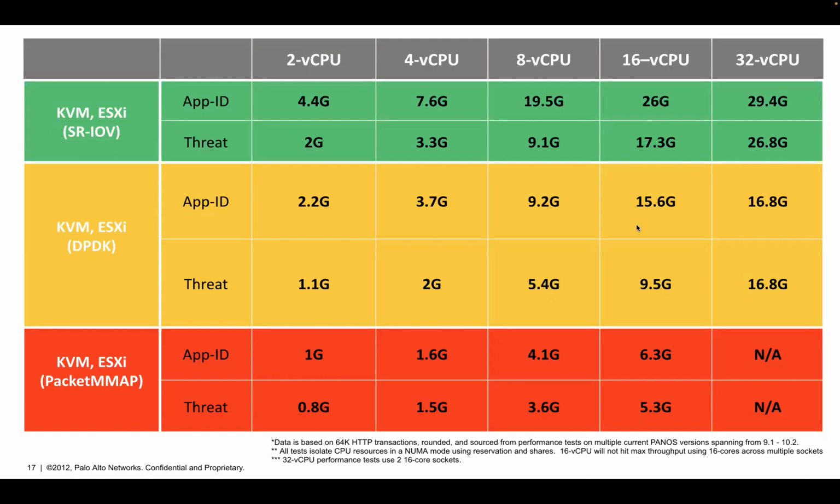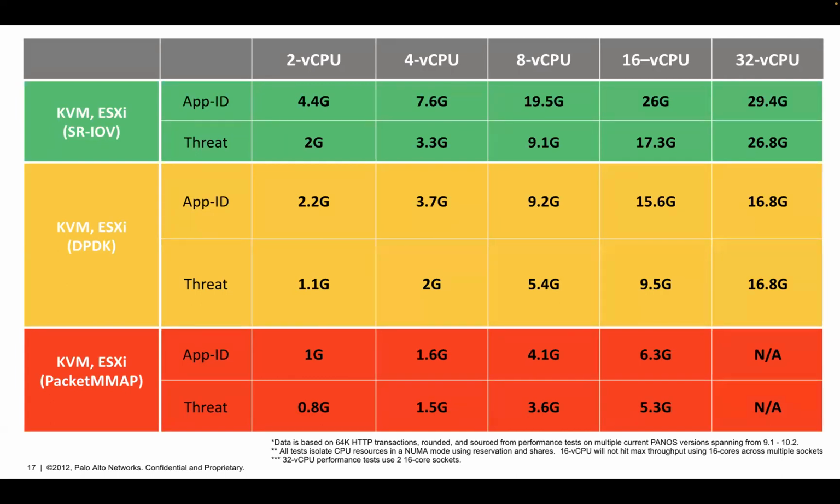DPDK is very similar to SRIOV, not quite the performance, but almost, and again not something that requires as much upfront kernel configuration of the hypervisor. But packet mmap mode, which would be the least desirable of these 3 modes with VM-Series, is obviously going to take the biggest hit from a performance perspective because of those inefficiencies that I talked about.